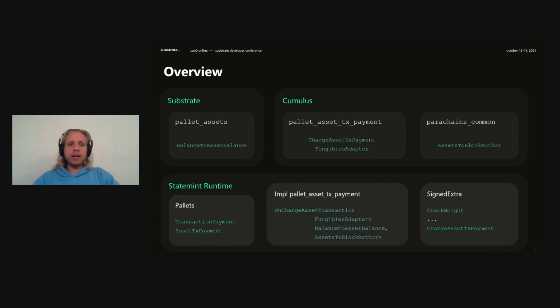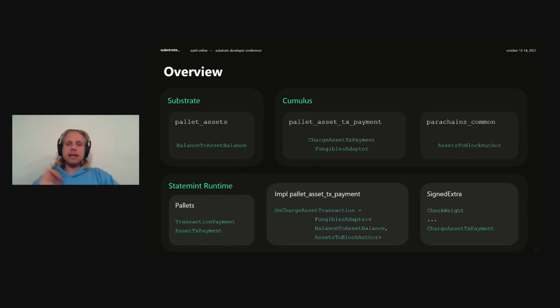And then at the bottom, we have the statement runtime, right? We have the pallets that we instantiate in the construct runtime macro, where we instantiate both the transaction payment and the asset transaction payment, because we need both in our runtime. Then we implement the configuration for our new pallet, where we plug everything together with the fungibles adapter and the asset balance, the assets to block author, all of those together.